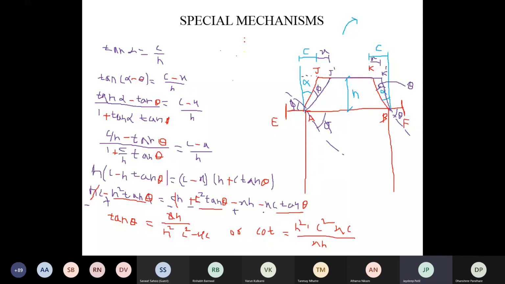Okay. xh divided by क्या आएगा? h square minus c square, correct? Minus or plus xc. Is it right? xh upon c square plus h square minus xc.